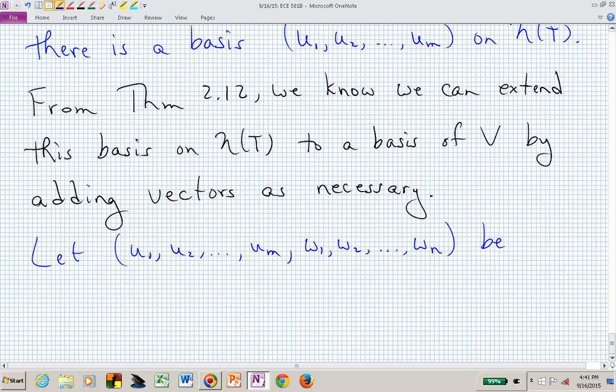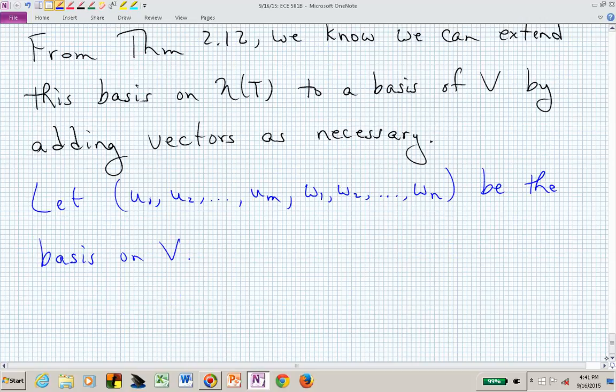Let this set be the basis on our domain V. Now, here's a really hard question. What's the dimension of V? n plus m, isn't it? M plus n.